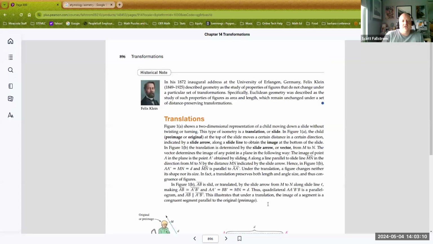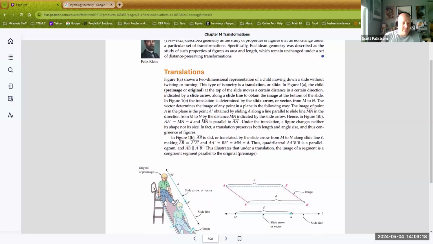Let's jump in. GeoGebra is probably going to be the tool I use for a lot of these pieces, so you can kind of visualize them. However, the first big one that we learn about is a translation. A translation is often called a slide. So what we have is a starting point, which is like the original, and you'll see sometimes they call it the pre-image.